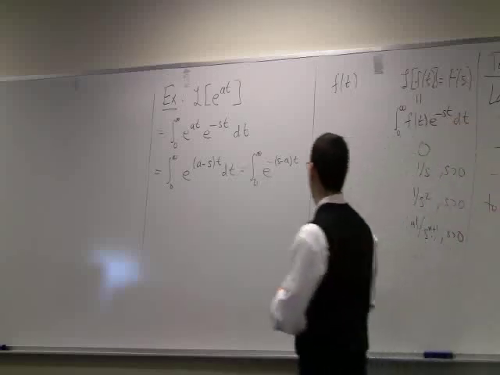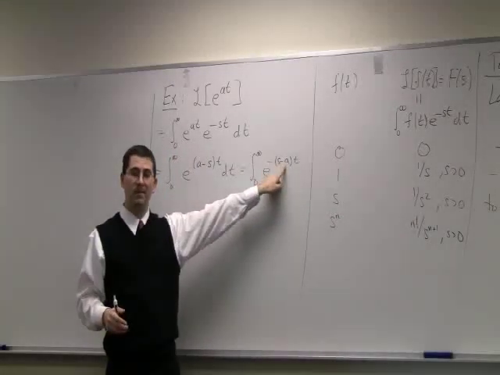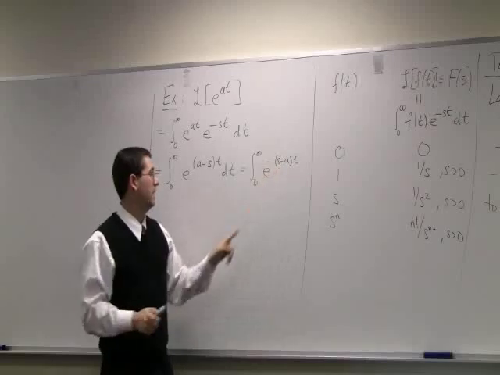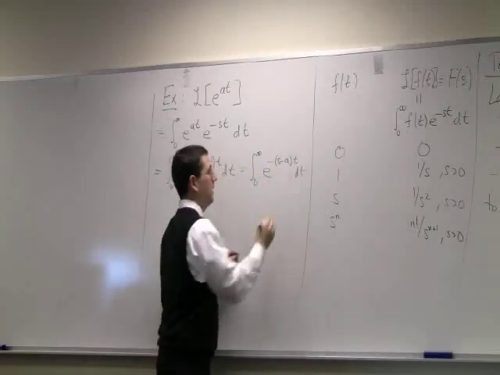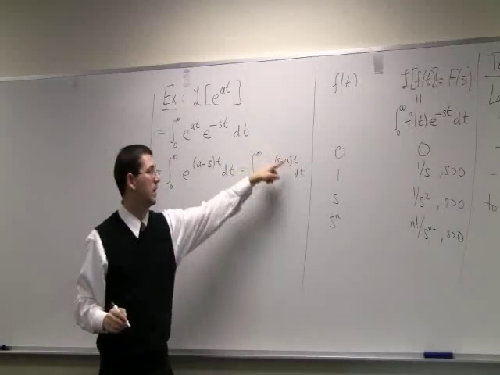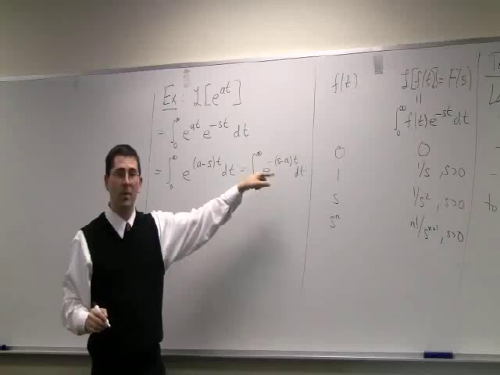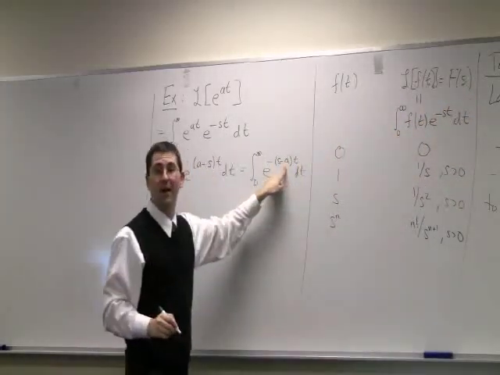So all I'm doing over here is changing the variable from s to s minus a. And then what's the function out front? Well, you think of it as just a 1. So this is really just the Laplace transform of 1 with respect not to the variable s, but the variable s minus a.